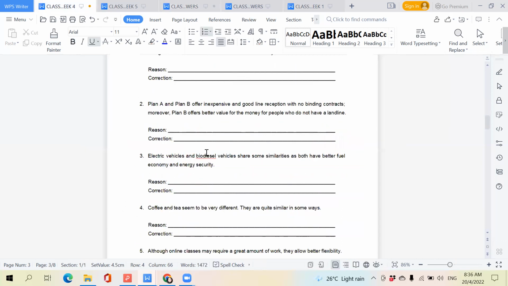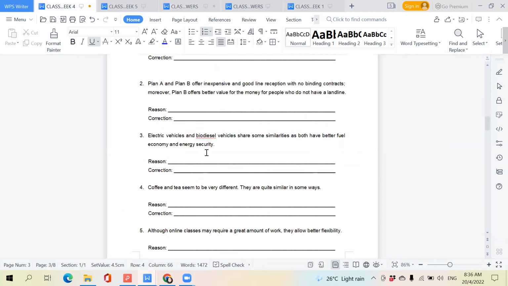Okay, next, let's look at number 3. Electric vehicles and biodiesel vehicles share some similarities as both have better fuel economy and energy security. So what do you think of this one? This is very clear cut. And this is unacceptable as well. Why?